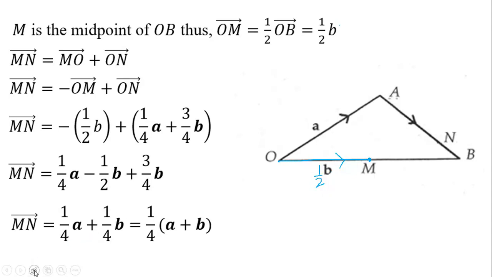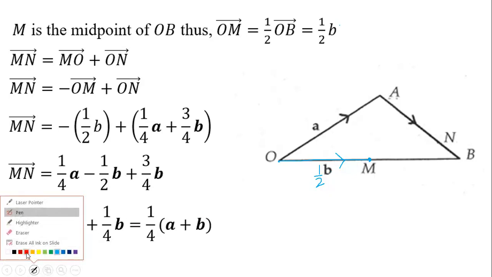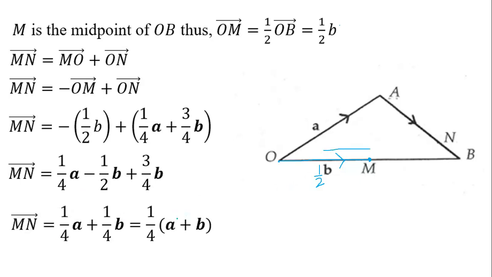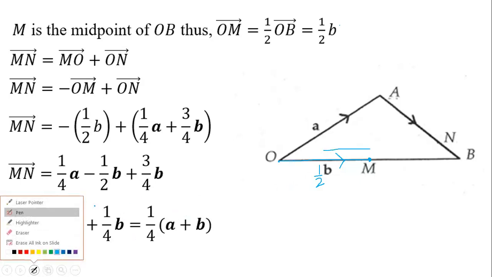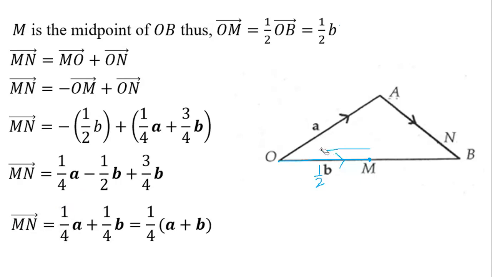But what if I want to move from M to O? Let's use a different color, let's use red. We want to start at M and go to O. Notice that this is the opposite direction of OM.